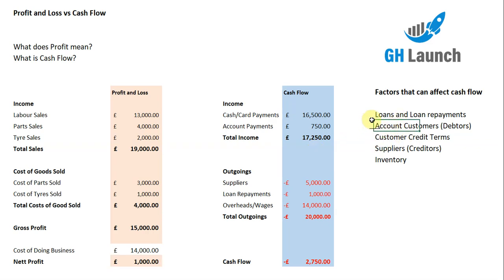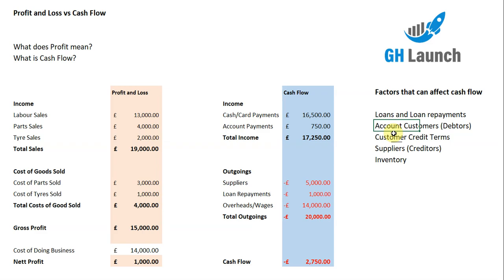Another thing which trips people up are payment terms for customers. So let's use this example: if you were to give customers 60 days payment terms, but your suppliers only give you 30 days payment terms, that means all the parts that you fit on your customers' cars, you're going to be paying for within 30 days, but you're not going to be paid for them within 60 days.